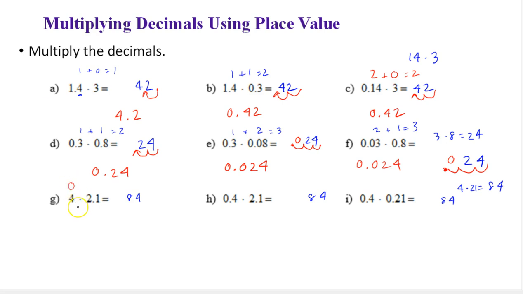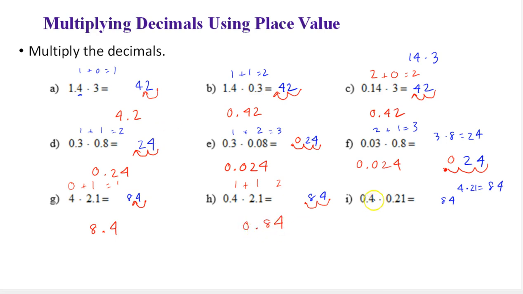There's no decimal digits besides 0. Here, this is 1. So a total of 1 decimal place to the left, and we have 8.4. Here we have 1 digit to the right of the decimal, 1 digit to the right of the decimal, totaling 2. So I'm going to move this 2 places to the left, and I have 0.84.